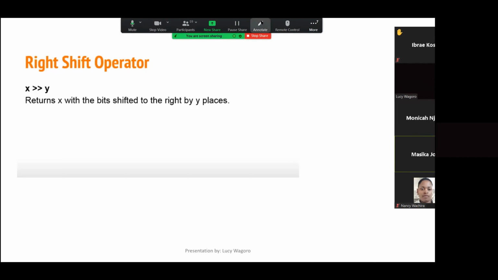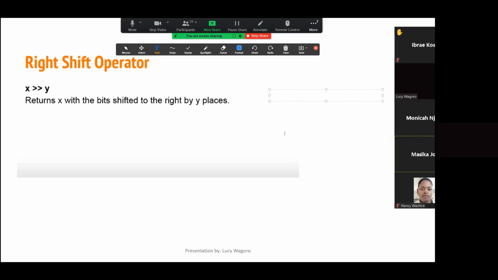So this is how it is done. In the background, this is what happens. I'm going to use 3 and 2. So I have 3 and I am right shifting 2 times to the right. We all now know that our 3 is 1 1. We actually proved that.